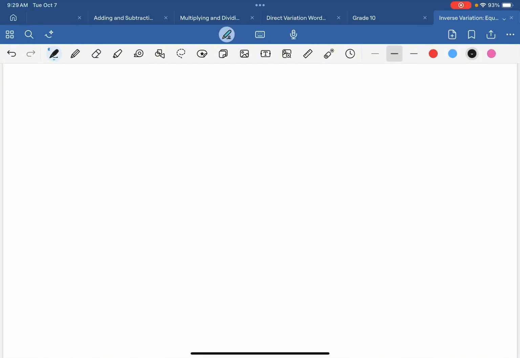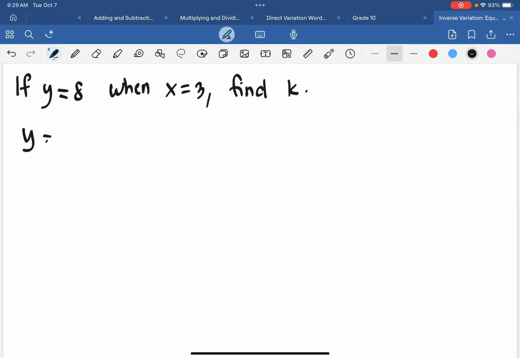This time, let's solve for the constant. If y is 8 when x is 3, find the constant. Based on our equation form, y equals k over x, so 8 equals k, which is what we're looking for, over 3. All you need to do is cross multiplication.